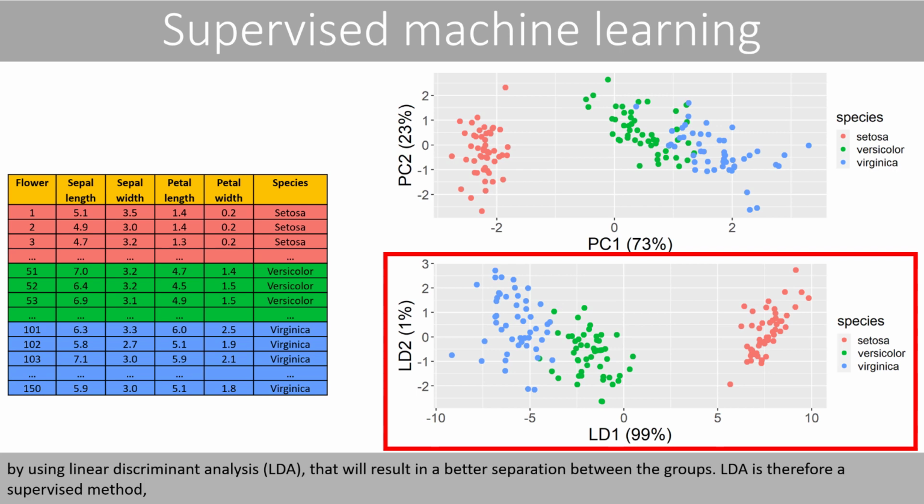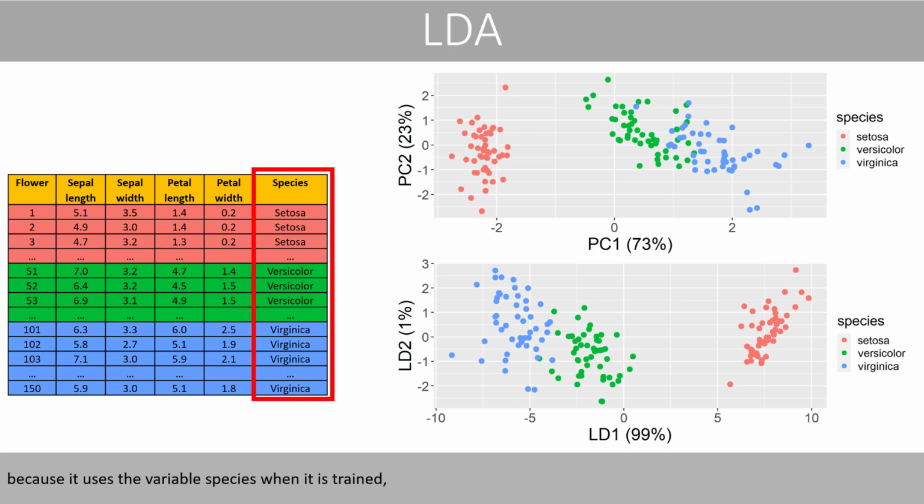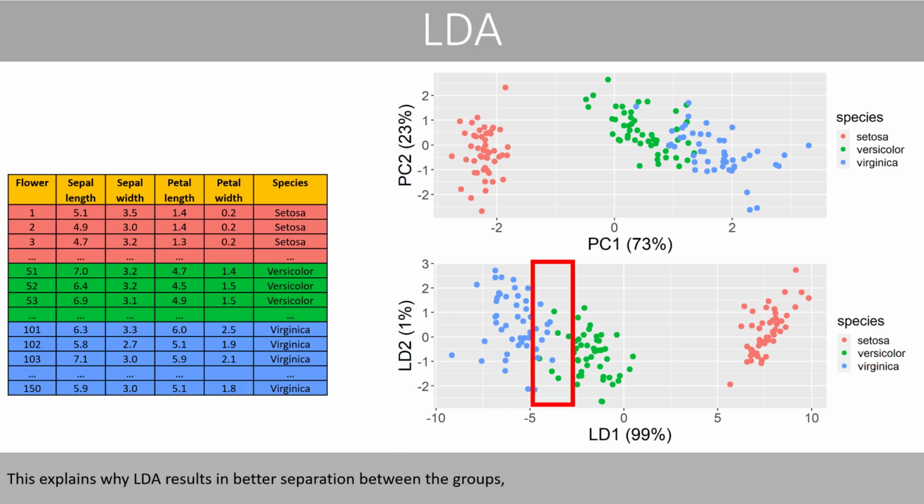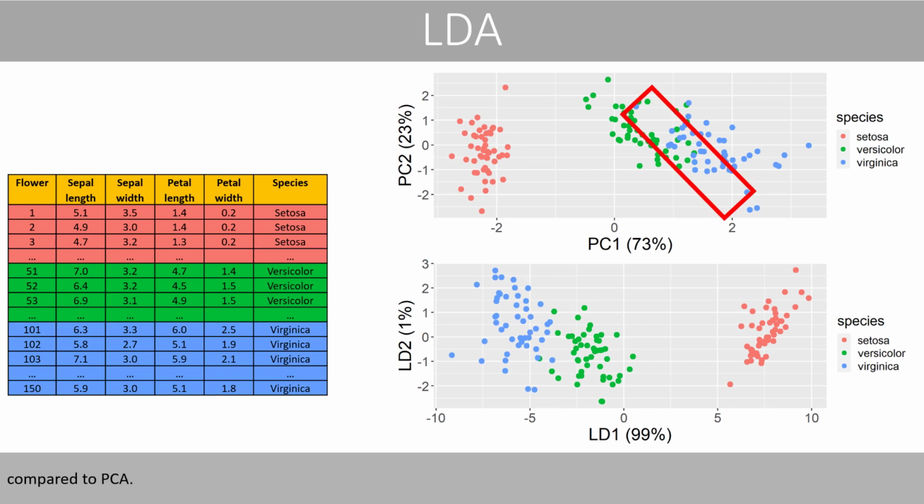LDA is therefore a supervised method, because it uses the variable species when it is trained, so that it combines the 4 variables in a way so that it maximizes the separation between the groups. This explains why LDA results in a better separation between the groups compared to PCA.